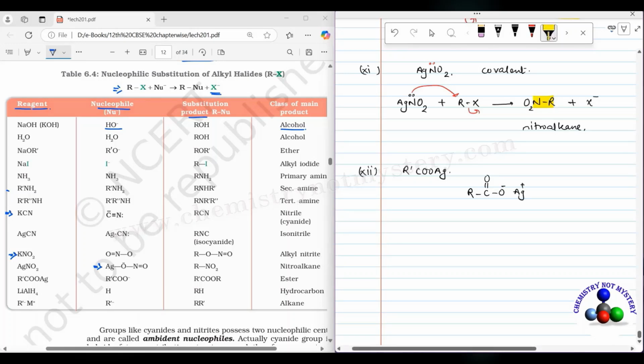So here the nucleophile is the RCOO negative ion. When it reacts with alkyl halide, it will make a bond with the alkyl group and expel halogen in the form of halide ion. So here again you will get R-COO single bond R plus halide ion. So this is an ester.